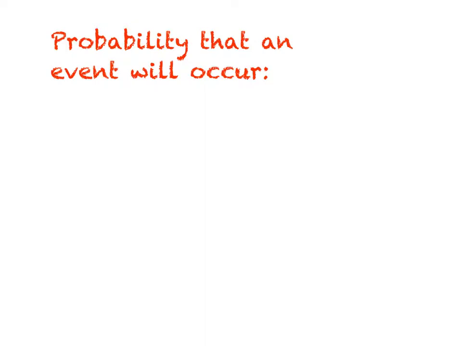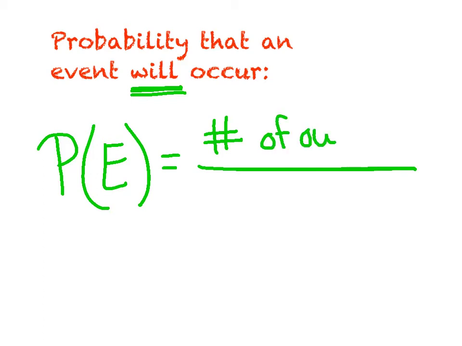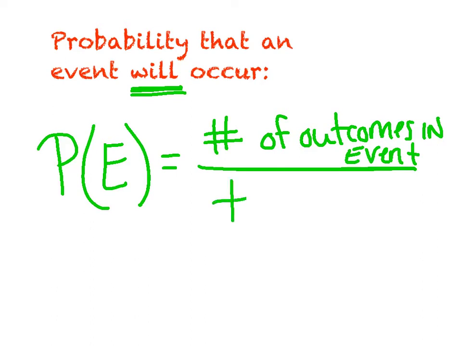All right, so for the probability that an event will occur, we're going to use some probability notation. I'm going to say P of E. The probability the event will occur will be the number of outcomes in the event divided by the total number of outcomes.